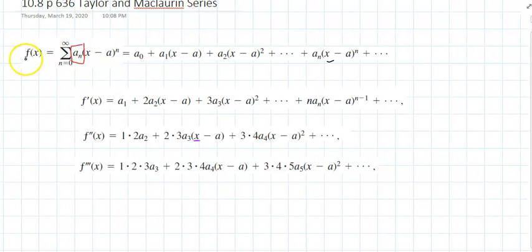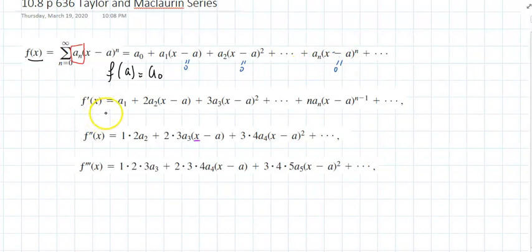Now, if f of x equals this, if I take f of a, that would simply be a sub 0, because if I let x equal a, this will be 0, this will be 0, and this will be 0. True?